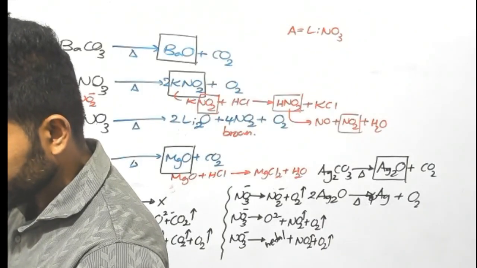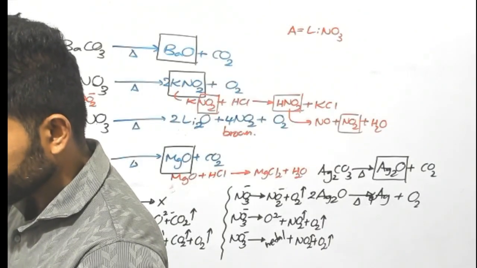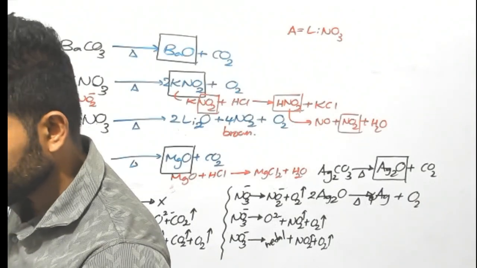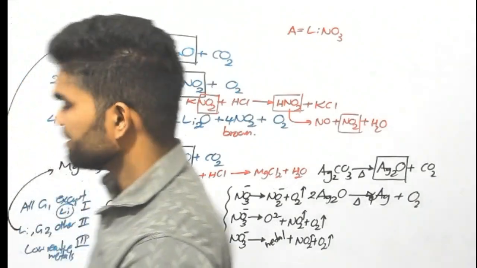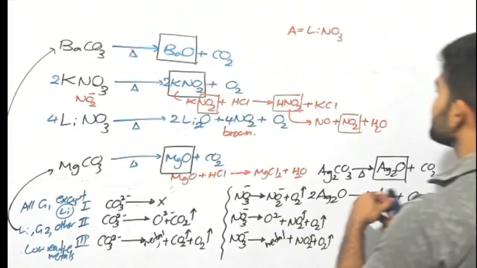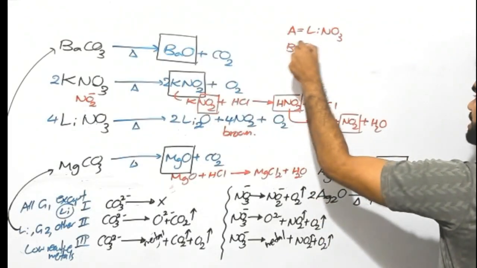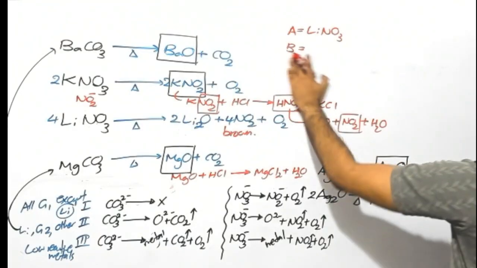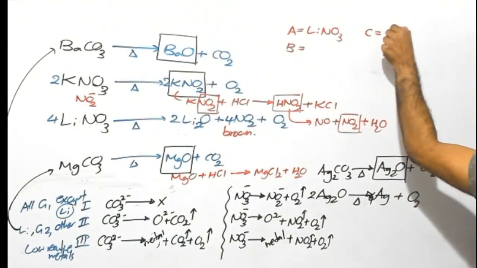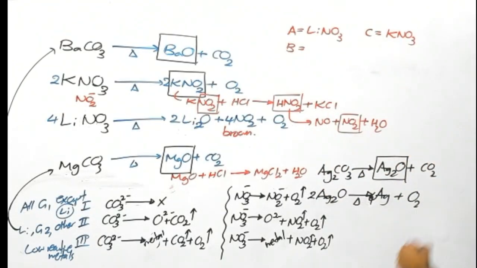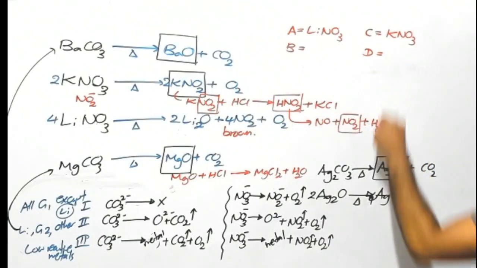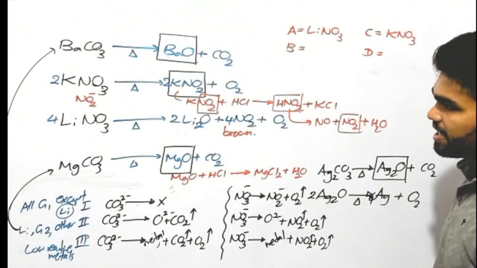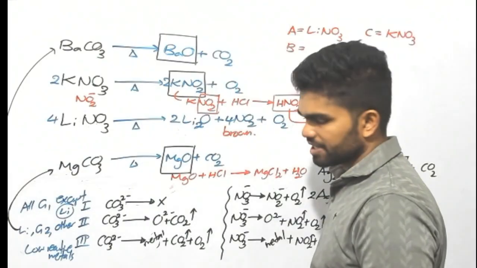According to the text, with dilute HCl, the one that releases brown color gas is C. We don't know about B, but we can say for sure what is C. C is potassium nitrite, KNO2. Understood? Then B and D will be barium carbonate or magnesium carbonate.